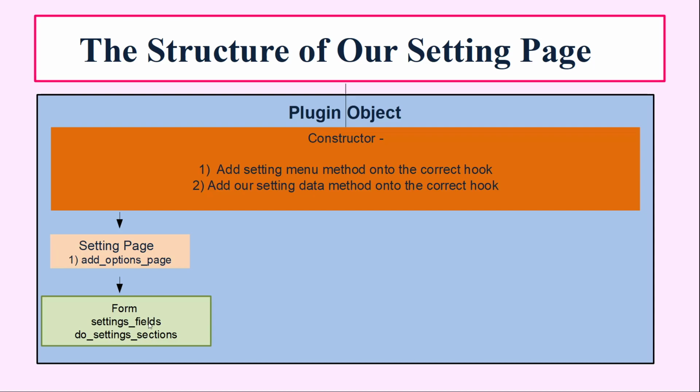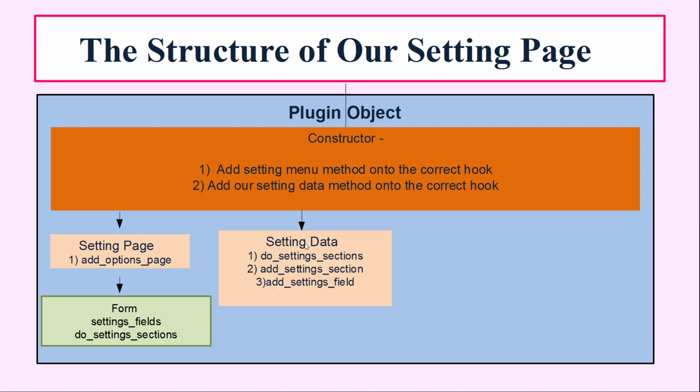Settings fields, remember, selects the setting data that we want to use, and do settings sections prints that out onto our setting page. We then, in the last video, created another method that allowed us to register our setting data.